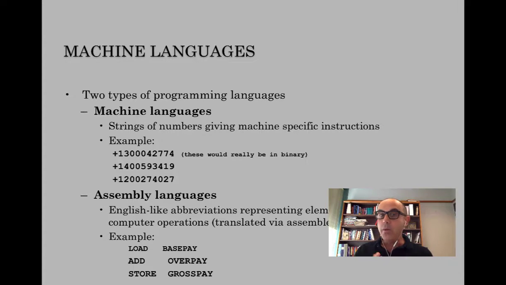Okay. So when we are talking about machine languages, we are talking about two types: machine language and assembly language. Machine language is a string of numbers giving a machine specific instructions, and assembly language is like English with abbreviations, where the computer is able to understand what we are writing in order to assemble the instructions. For example, load, add, or store the data.